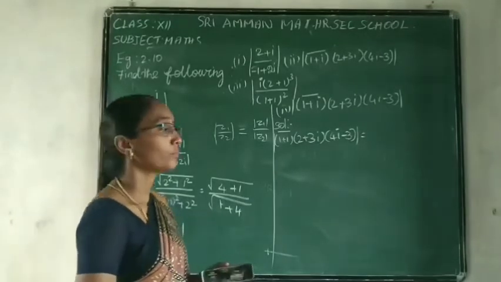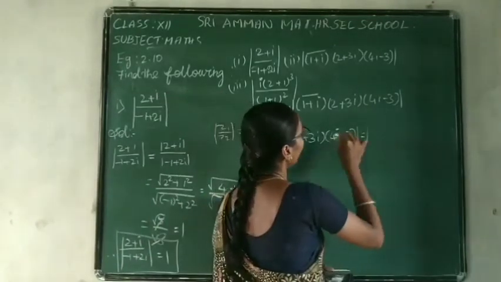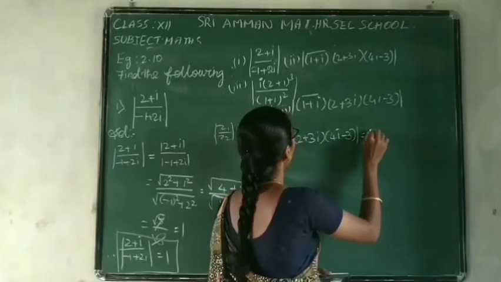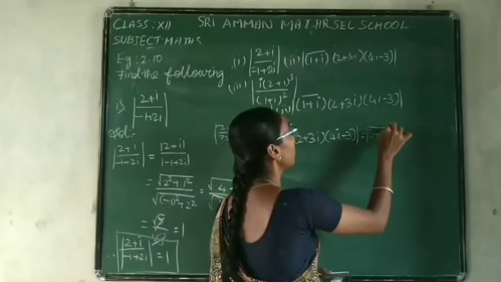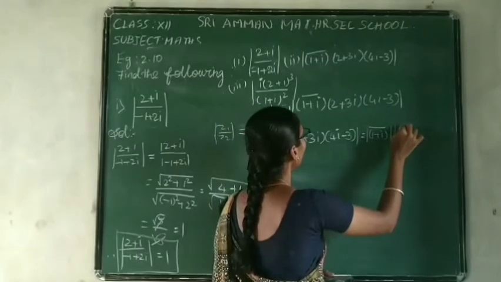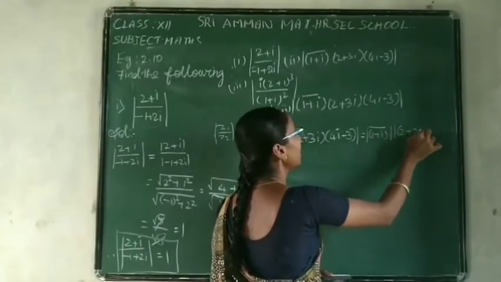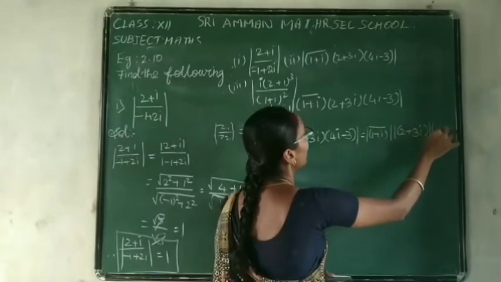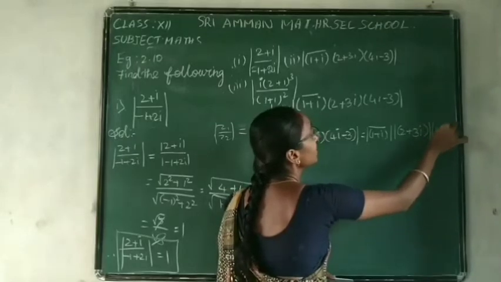You know this. So I separate these parts: modulus of (1 plus i) whole bar into modulus of 2 plus 3i into modulus of 4i minus 3.